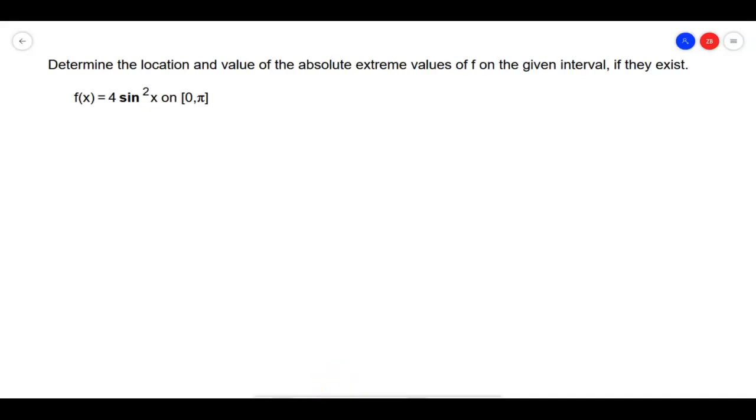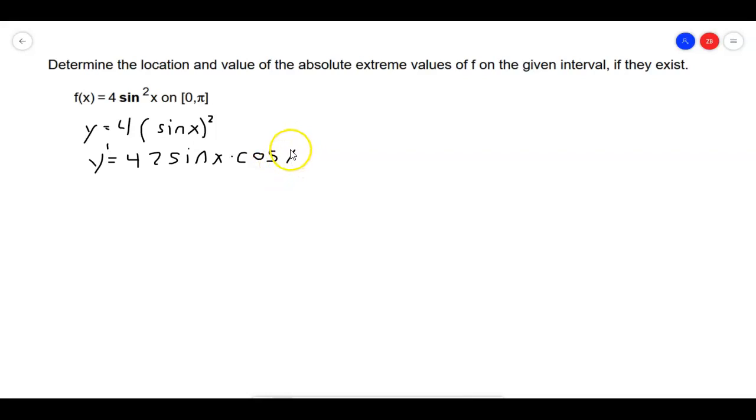So if I write this as y equals 4 times sine of x squared, then applying the chain rule, this is just 4, apply the derivative of the outer function, so bring the 2 out front, 2 times sine of x to the power of 1, times the derivative of the inner function. The derivative of sine of x is cosine of x.